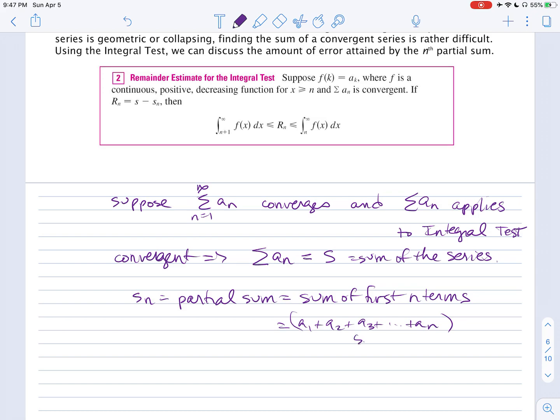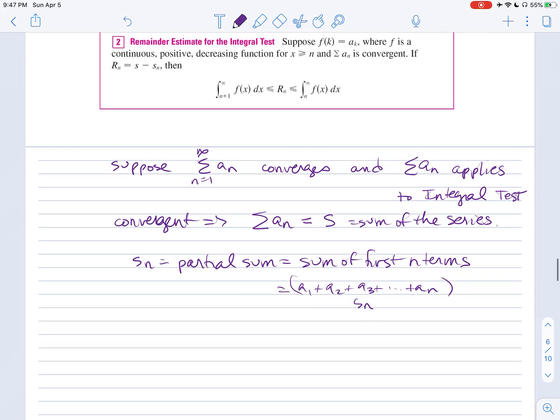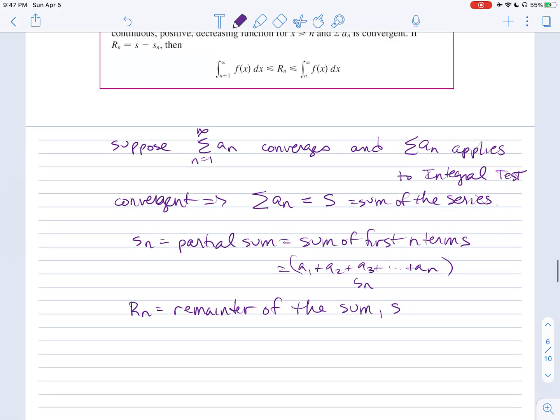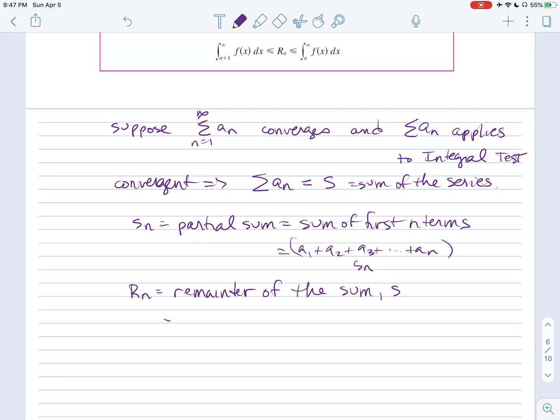That's S sub n. Well, what is the remainder? Your R sub n is the remainder of the sum S. So what is R sub n? Then you're just going to continue adding a sub n plus 1 plus a sub n plus 2 plus a sub n plus 3 plus dot dot dot forevermore.